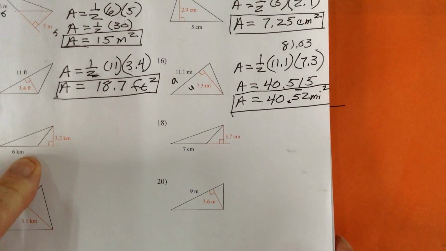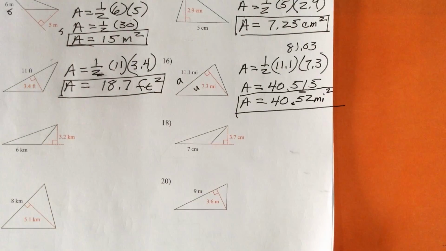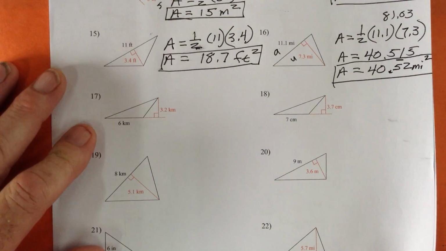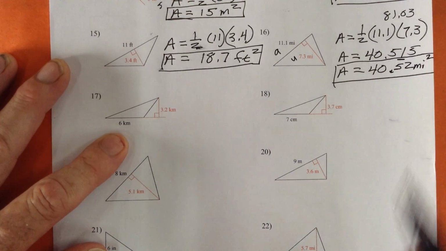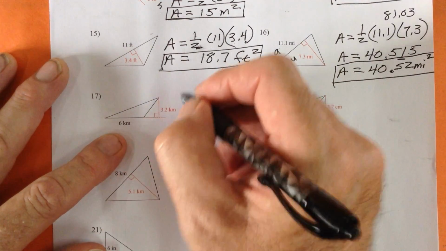I'll do one more and I'll just show you the answers to the rest of them. Like I said, you can pause the video and do the rest and then compare to see if I did them right. So here, this is the height and this is the base.